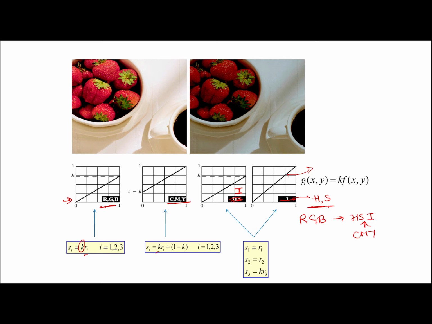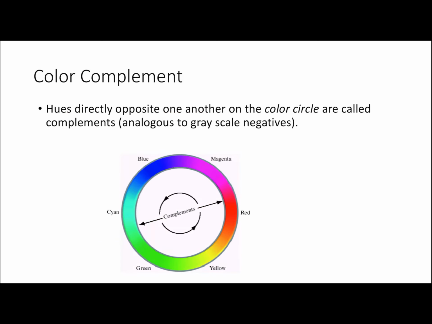So the next application of full color image processing that we will consider is the color complements. Now to define the color complement, let us first look at a color circle. In this color circle, if I take the color at a point on the circle, the color located in the diagonally opposite direction in the circle is the complement of the other color.